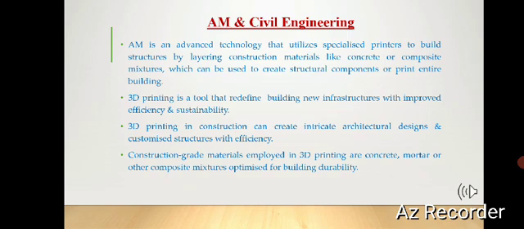Next is the role of additive manufacturing or 3D printing in civil engineering, especially in the construction industry. Additive manufacturing or 3D printing is an advanced technology that utilizes specialized printers to build structures by layering construction materials like concrete or composite mixtures, which can be used to create structural components or print the entire building. 3D printing is a tool that redefines building new infrastructures with improved efficiency and sustainability. 3D printing in construction can create intricate architectural designs and customized structures with efficiency.